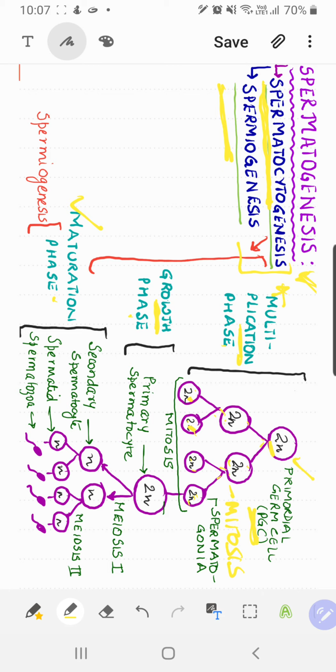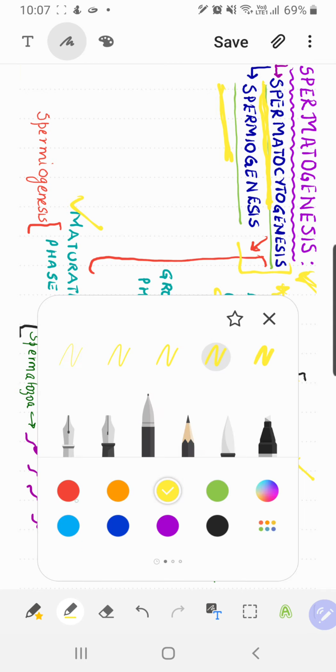So this particular phase, the first black bracket, is characterizing the multiplication phase where one primordial germ cell converted into four. So we are talking about so many primordial germ cells that have been undergoing mitosis, and they will be forming so many offsprings. And now these offsprings after multiplication are known as spermatogonia.